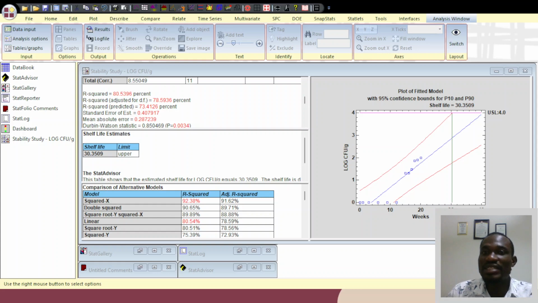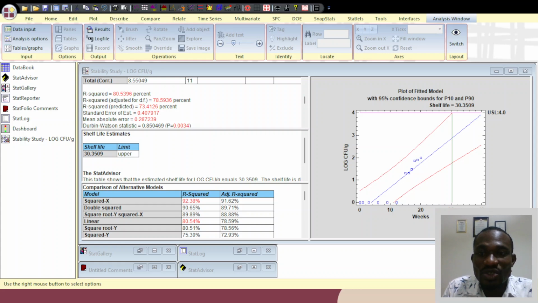So the closer it is to one, it means it has a very close relationship with the time or the duration that you are using. And that gives you a best fit in terms of graph. And that will help you get a very good estimation of your shelf life.